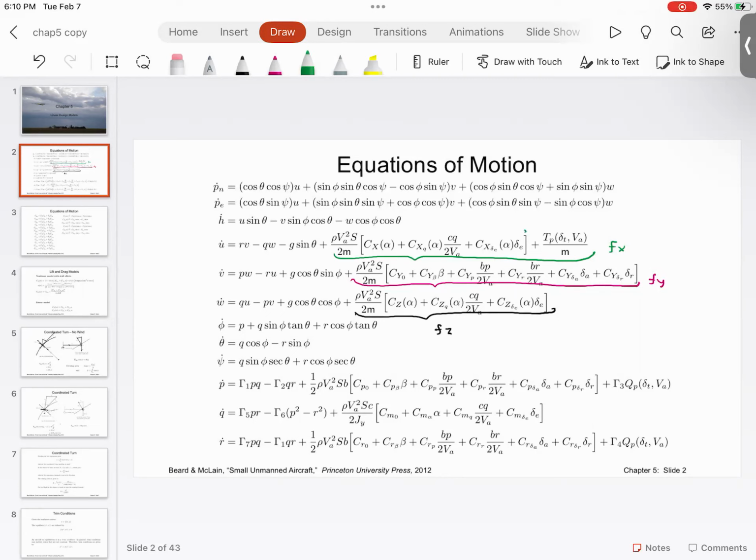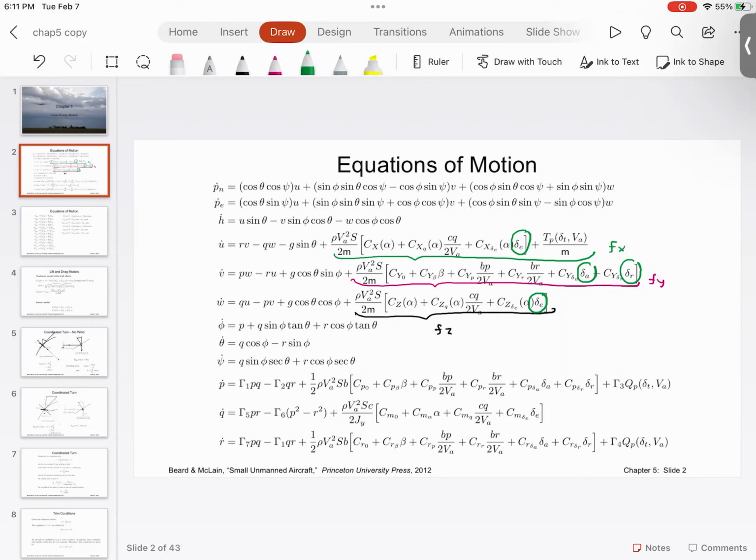Here you have delta E, delta A, delta R. Delta E stands for the deflection of the elevator, delta A stands for the deflection of the aileron, and delta R stands for the deflection of the rudder.